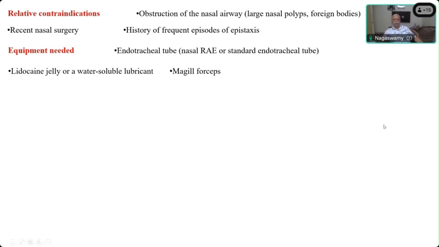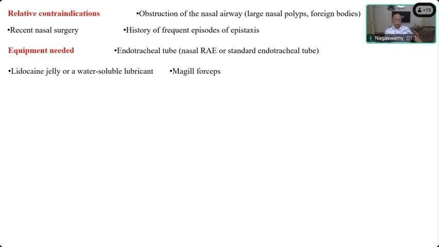And this Magill forceps, as Muthupriya rightly said, has an angulation to prevent obstruction of the tip. So any instrument which has an angulated holder for your fingers will always give you a clear vision of the tip where the vision is going.